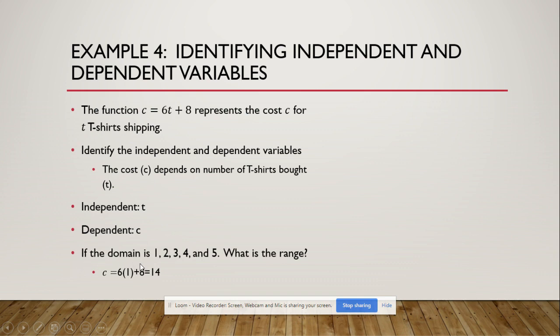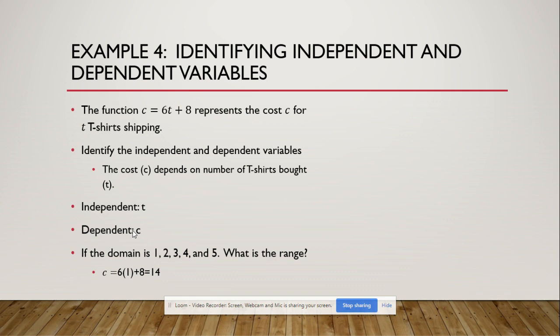Now, if the domain is 1, 2, 3, 4, 5, remember, domain is always linked to the independent variable. Okay? So if the independent variable can be 1, 2, 3, 4, and 5, then what is the range? Range went with the dependent variable.